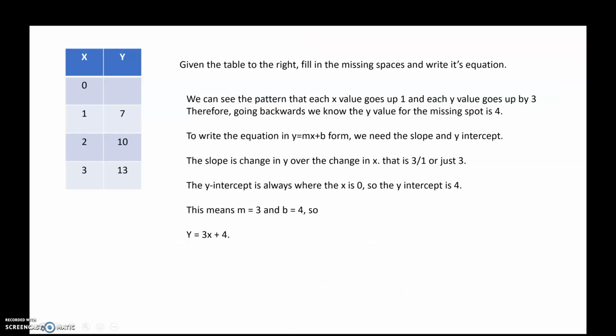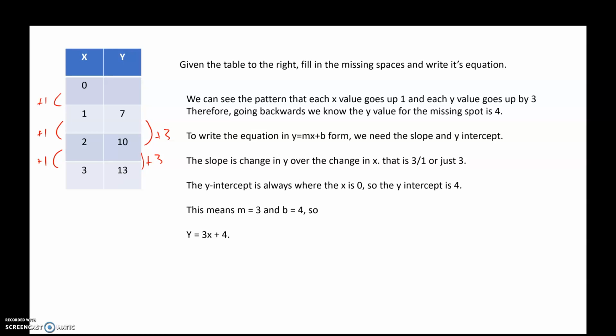All right, so now go ahead and jot this down. And now we're going to work through this here. I've already written it out, but I'm going to fill it in. You can see by looking at this that the x's pattern is changing by 1, and the y's are changing by 3.